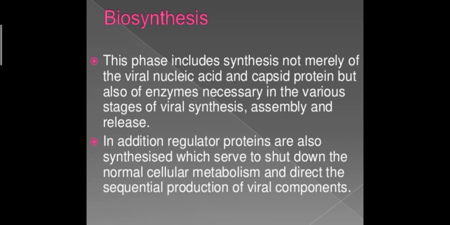After that, it has to move out from the particular cell. While moving out from the cell, some viruses will kill the particular host cell, or it will damage the cell. Whenever they need, they continuously produce viral components.